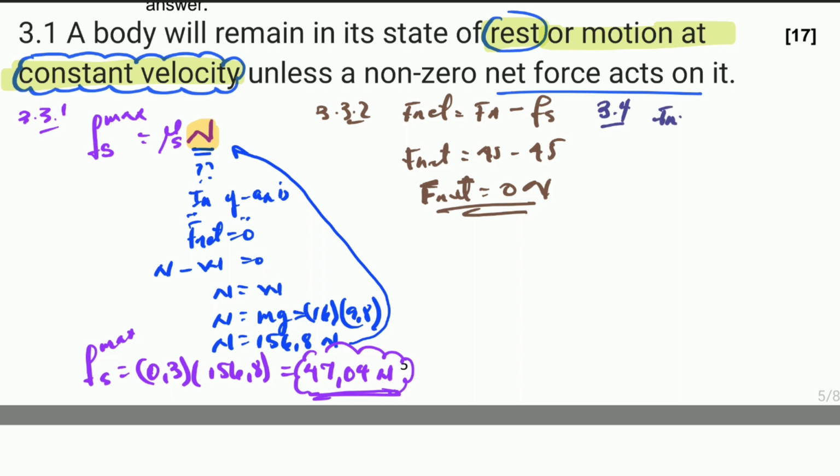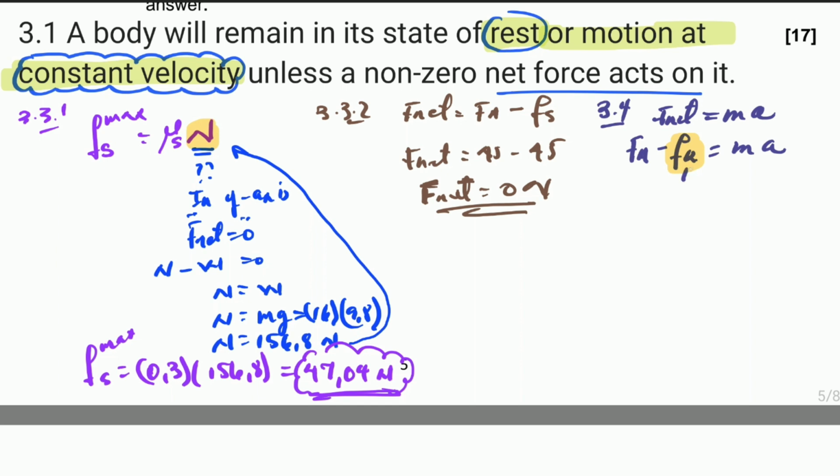3.4, F net is equal to ma, Newton's second law. Forces acting here: applied force, which is now 80, the frictional force, in this case kinetic because the object will move, and mass multiplied by the acceleration. I want you to note something. This frictional force is not the same as the one calculated before, because this one is kinetic.